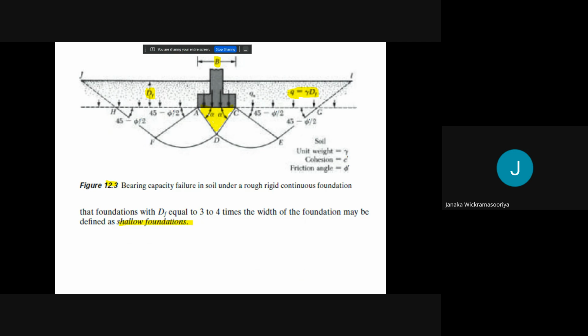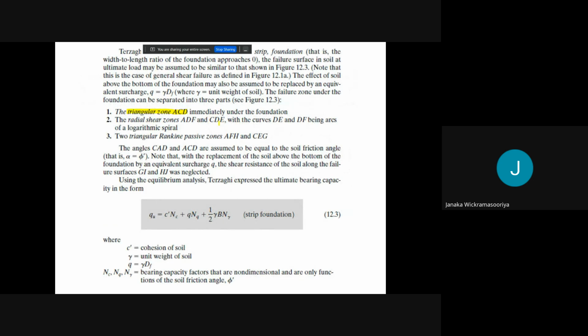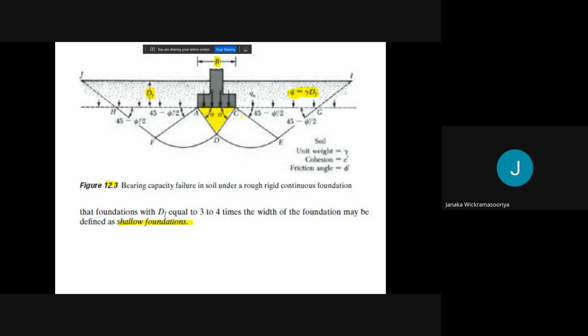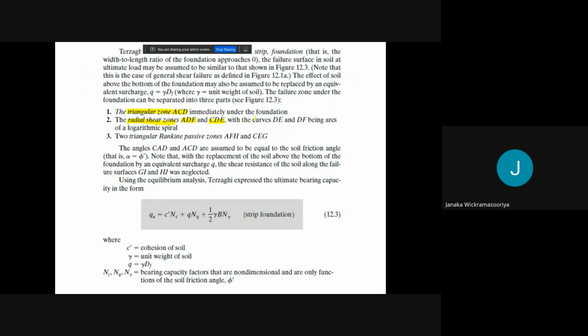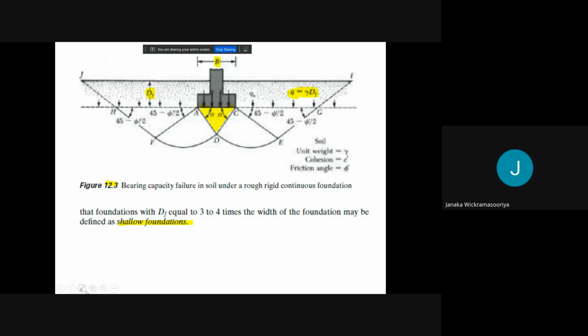That is the triangular zone immediately under the foundation. And then the radial shear zones, ADF and CDE. These radial shear zones, with curves DF and DE being arcs of a logarithmic spiral.